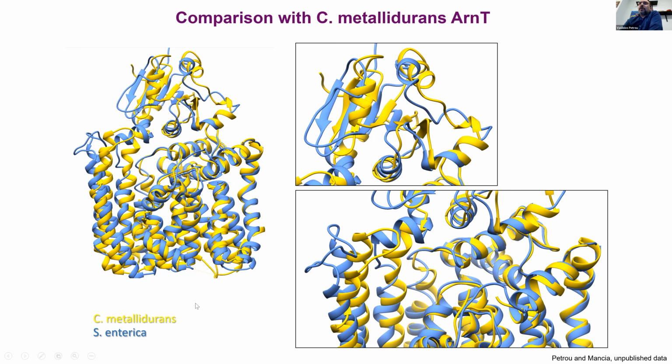So comparing these two structures, we see two very prominent changes, which is one, a complete unwinding of this helix in the periplasmic domain, and also a complete retraction of a loop that was previously projecting within the acceptor binding cavity over here.